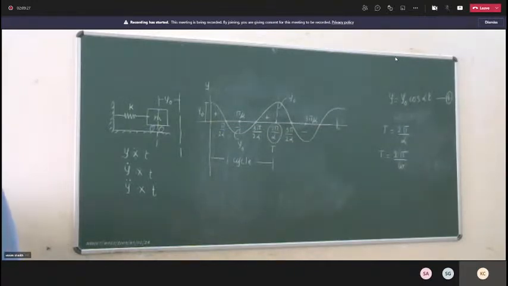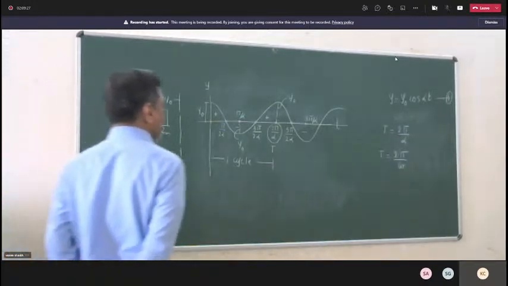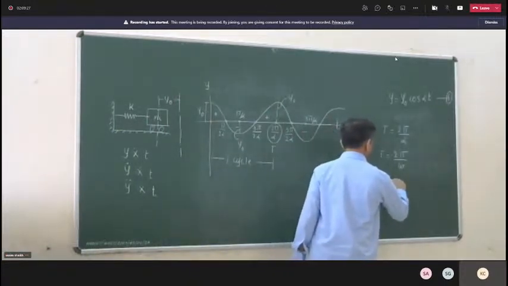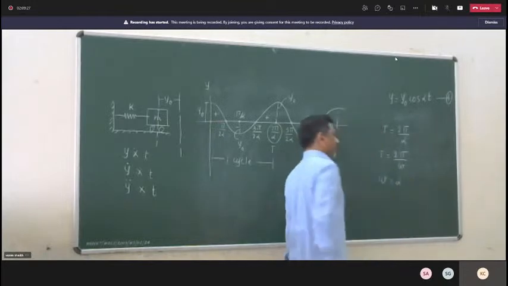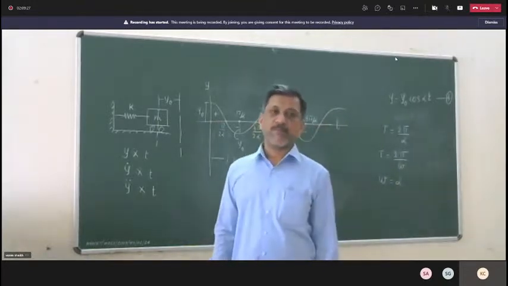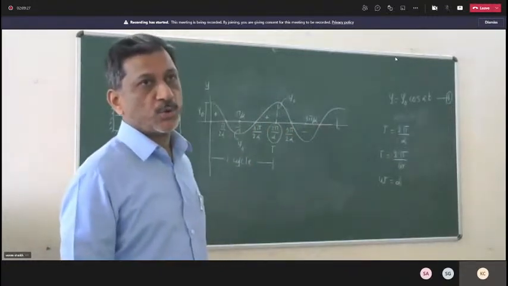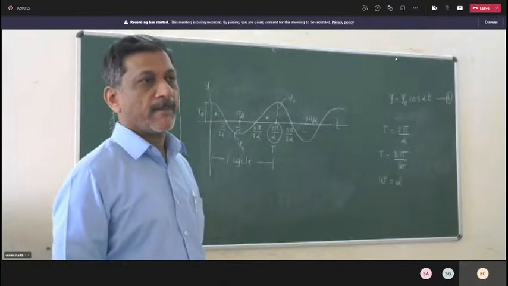So write these two equations first and then say, comparing the above two equations, we can indicate omega is equal to alpha. And yesterday we had assumed alpha square is equal to k by m.